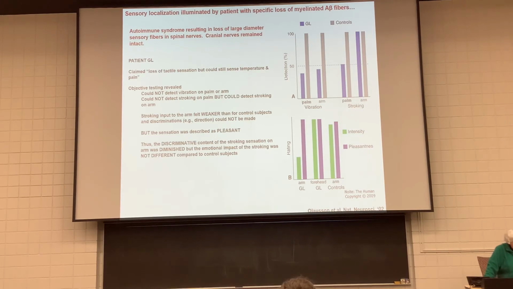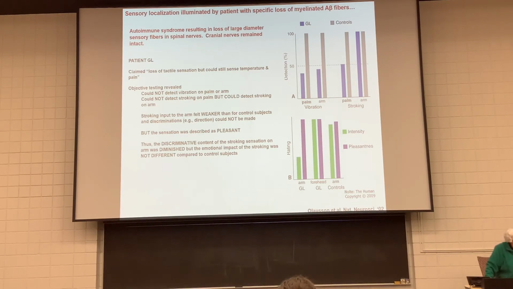So here's an interesting patient. This is a patient who had some autoimmune disease, and she lost her myelinated A beta fibers. Interestingly, only in the periphery. Let's just say the trigeminal nerve was not affected.